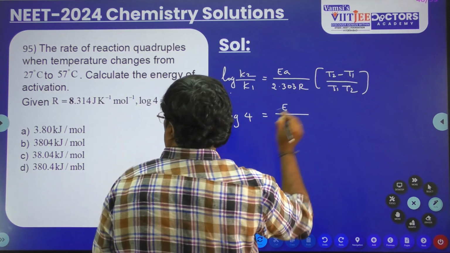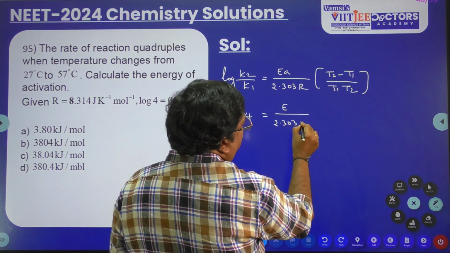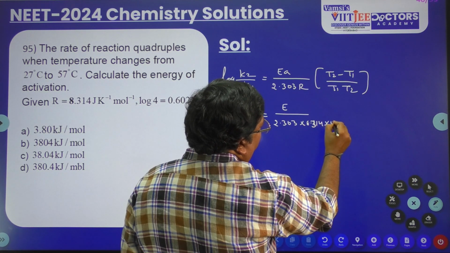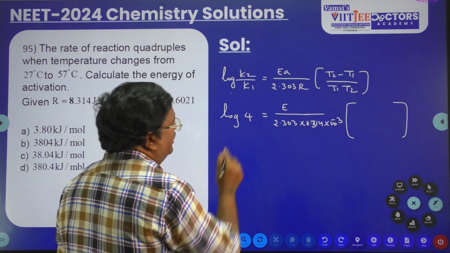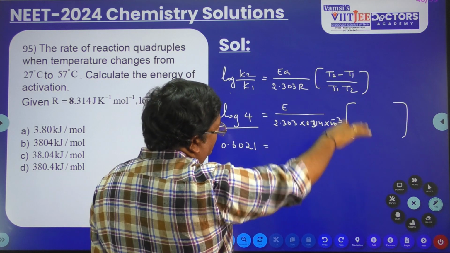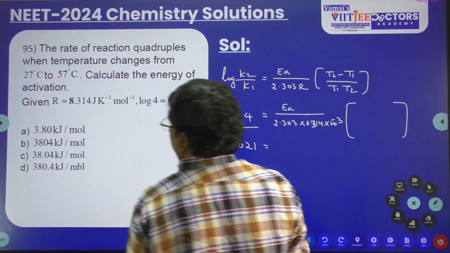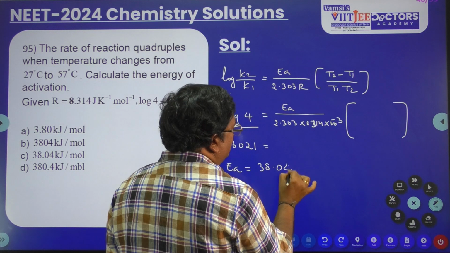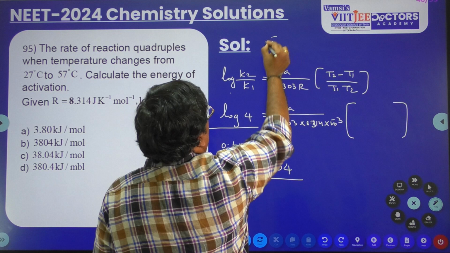Ea we have to calculate, asked in kilojoules. R value in kilojoules is 8.314 into 10 power minus 3, and you substitute the temperatures. Log 4 is given as 0.6021. Upon substitution, we get Ea, the activation energy, mostly 38.04 kilojoules per mole. Your answer is C.